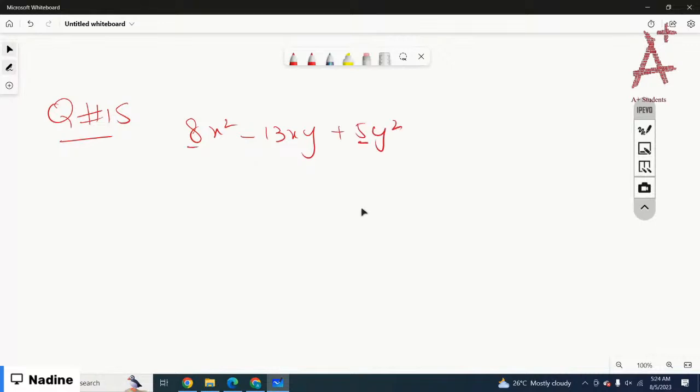Okay, 5 times 8 is 40. You have to find two numbers whose product is 40 and whose sum is negative 13. 8 and 5 they are.